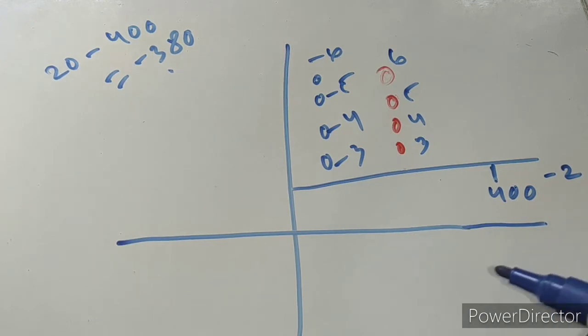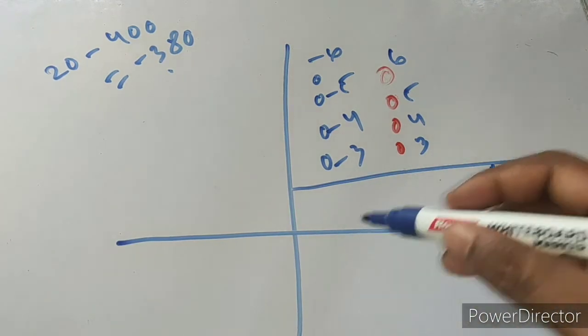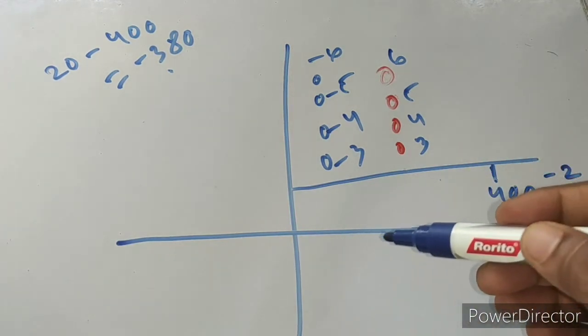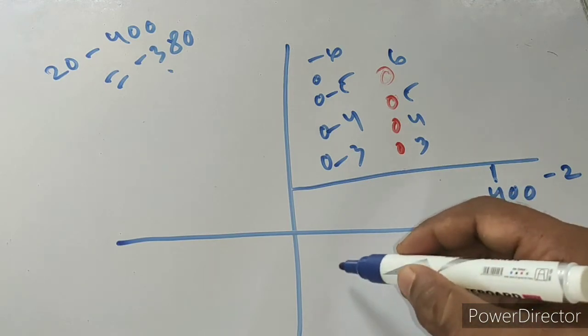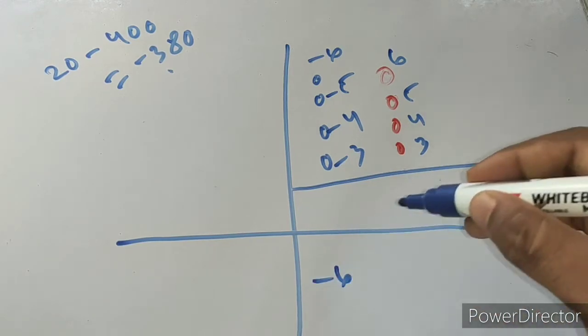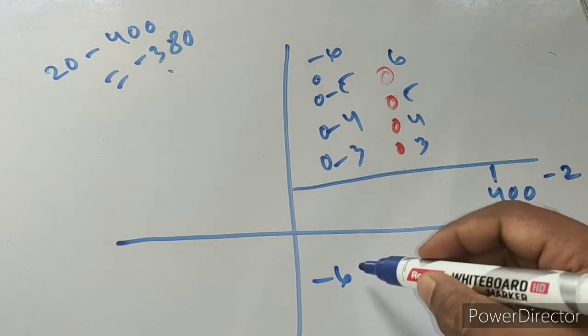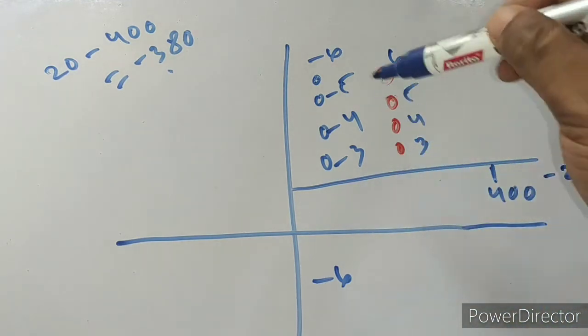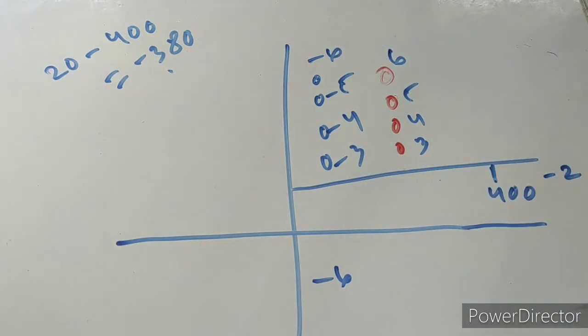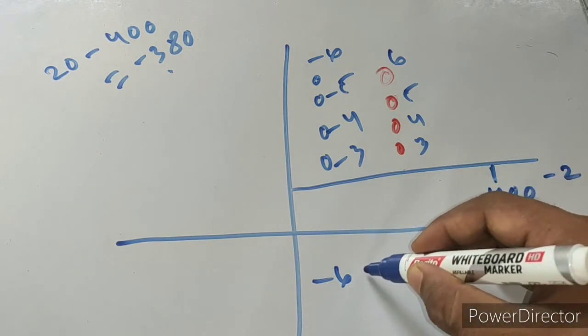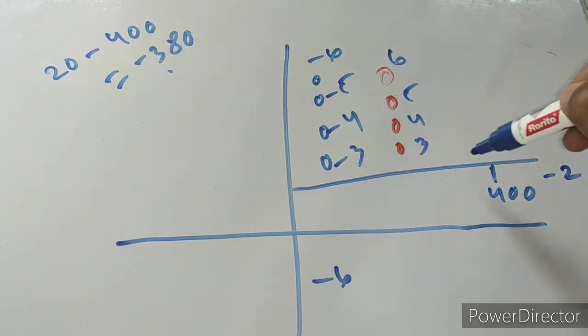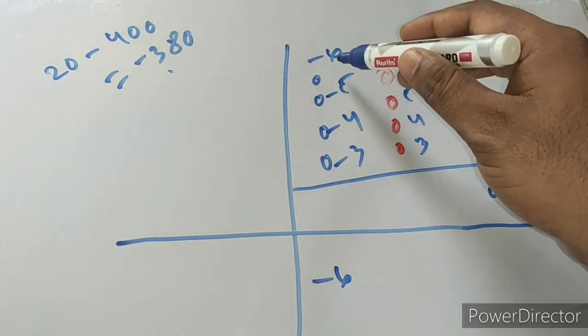So if we implement our y into WTX formula, it is simply minus 6 into y. Minus 6 is wrongly classified, so we can consider that minus 6 is above the line.